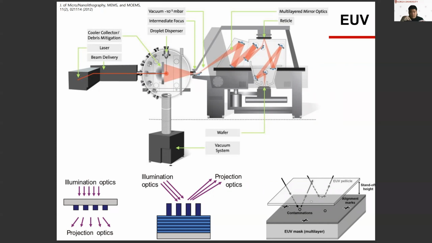Each time the laser hits the droplet, extreme ultraviolet light is produced and fed into the actual photolithography device.